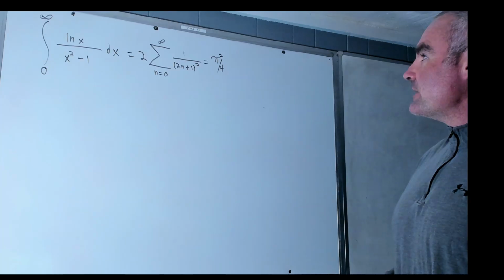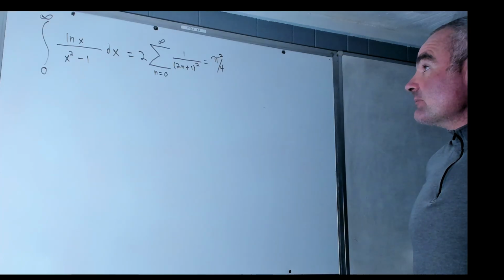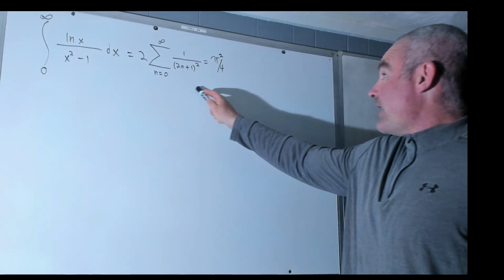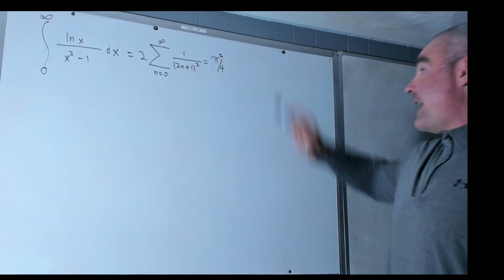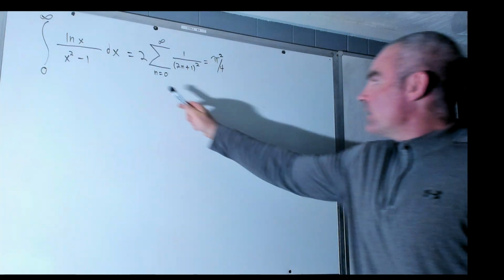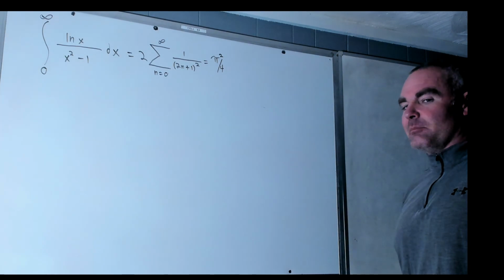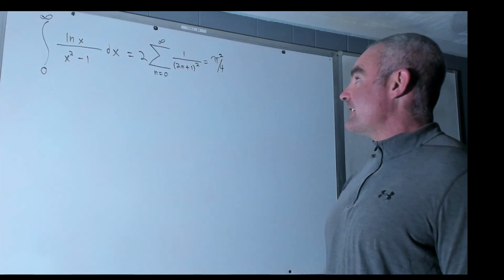Anyway, what we're going to be doing today is showing this, by first showing that that integral is equal to that, and that that integral is equal to that value. So we're going to show that this second part right here is true. And by the way, that is the sum of the reciprocals of the odd squares. Well, technically it's twice it.